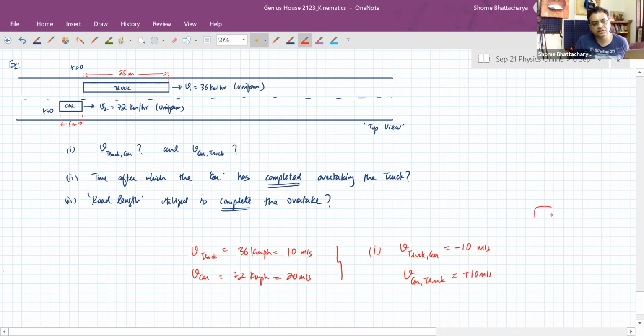So basically, if you're sitting in the car, you will see the truck moving like this for you. And on the other hand, if you're sitting inside the truck, then you will see the car moving like this.